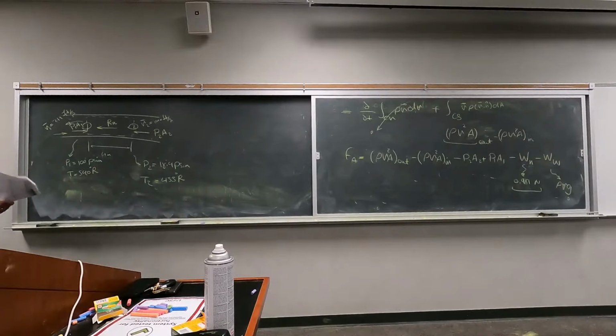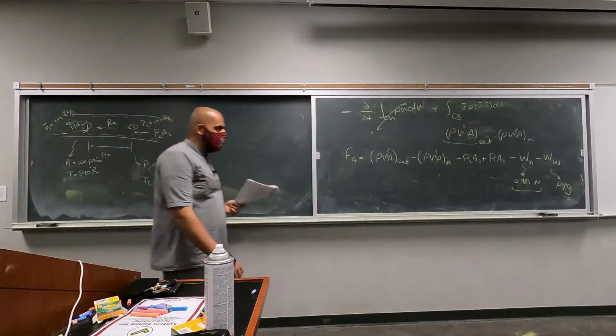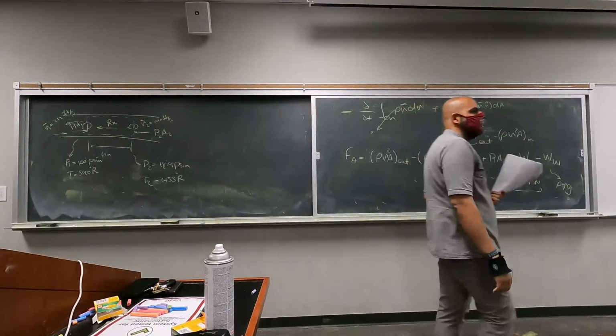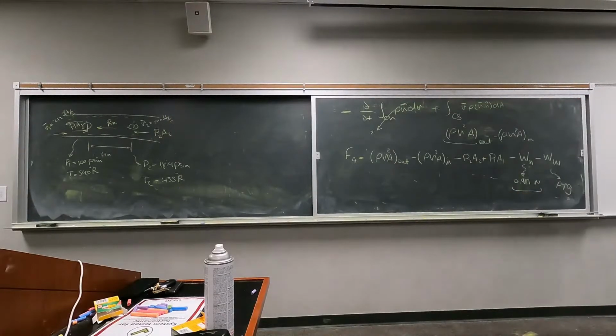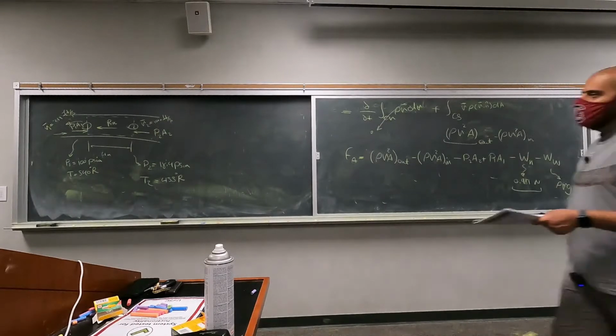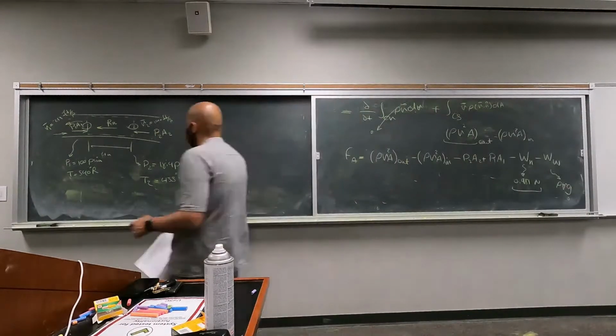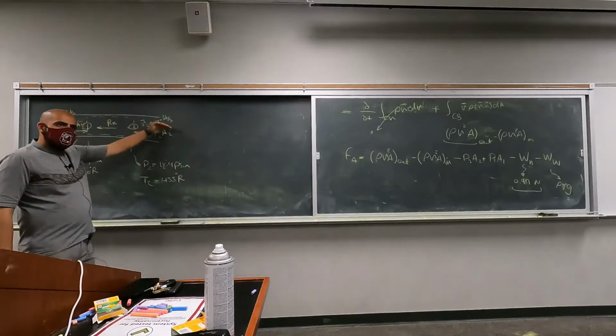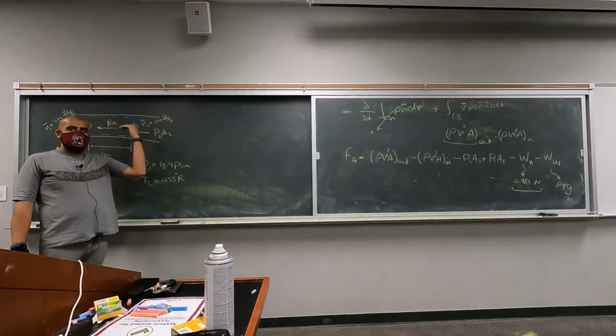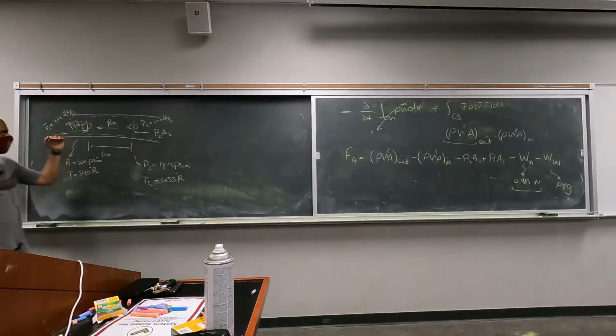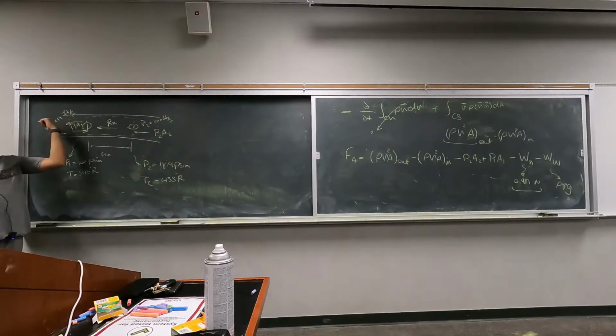If you were confused on how to find the direction of the pressure force, it is always opposite to the normal of the surface. The normal of the surface always points outward. Pressure force always points inward on the surface, right? Same is true here. Normal is in this direction, pressure force is in this direction.